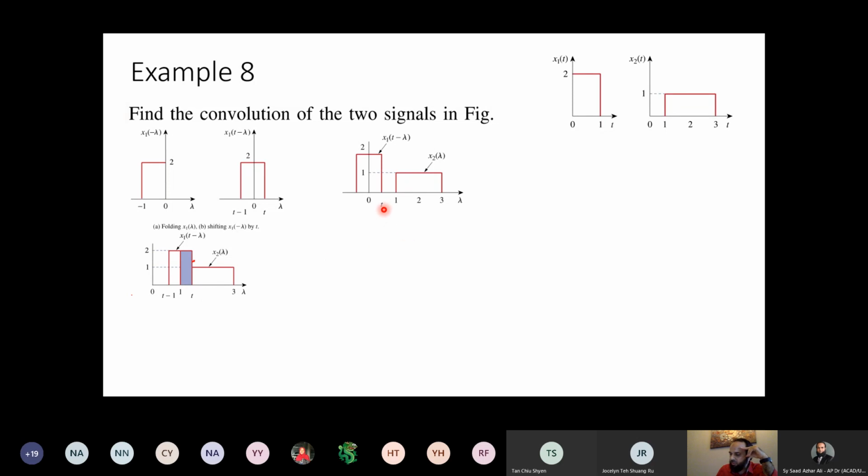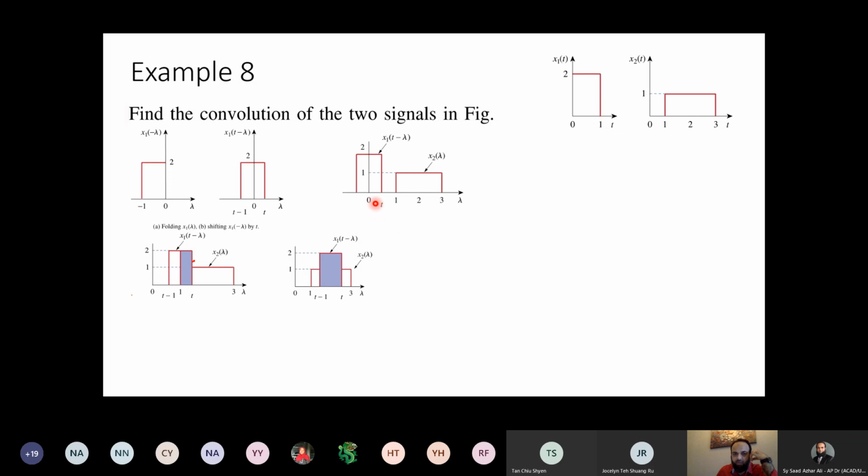At t equal to 1 it will start to overlap, and after t equal to 2, once this edge has passed this point, this has also passed this point because the width is 1.